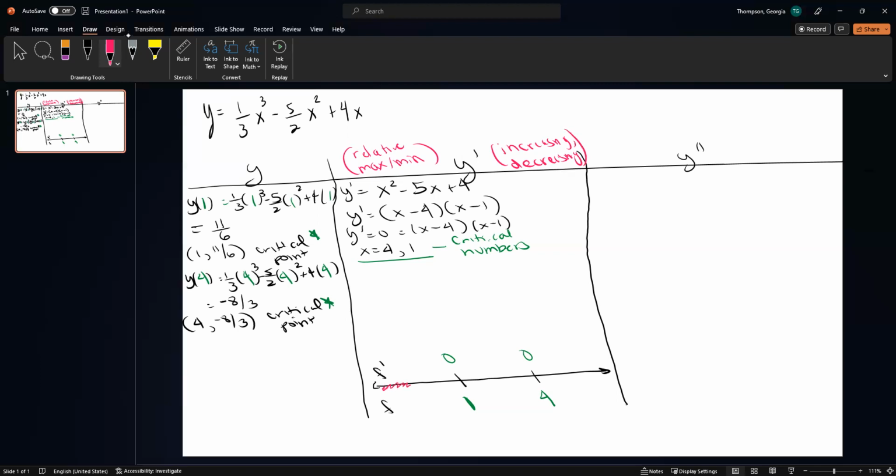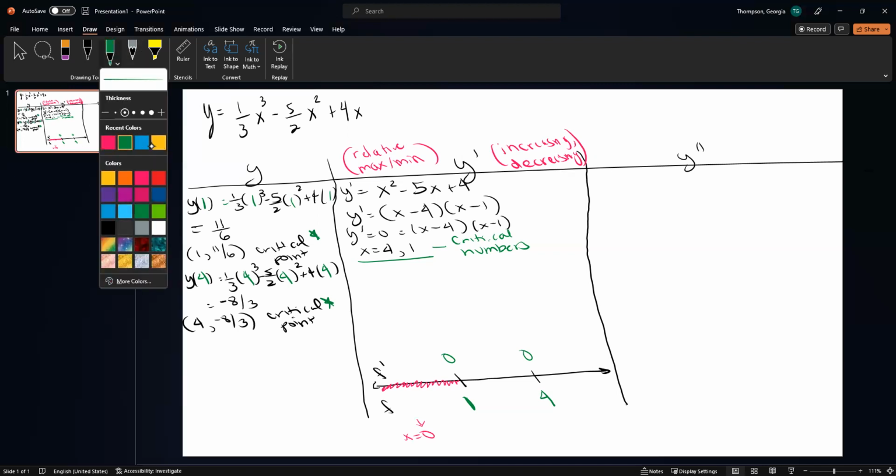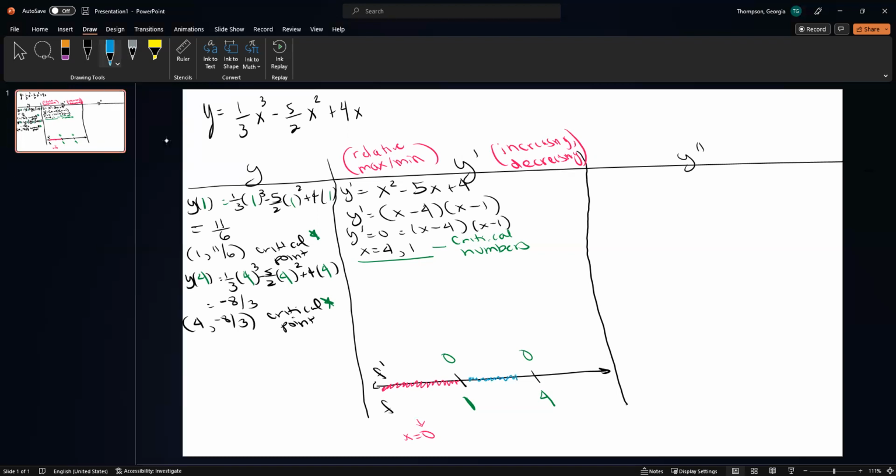So I'm going to grab a point from each interval. Anything to the left of 1, I'm going to choose x equals 0. In this interval, I'm going to choose something between 1 and 4, so I'll just go ahead and choose 2.